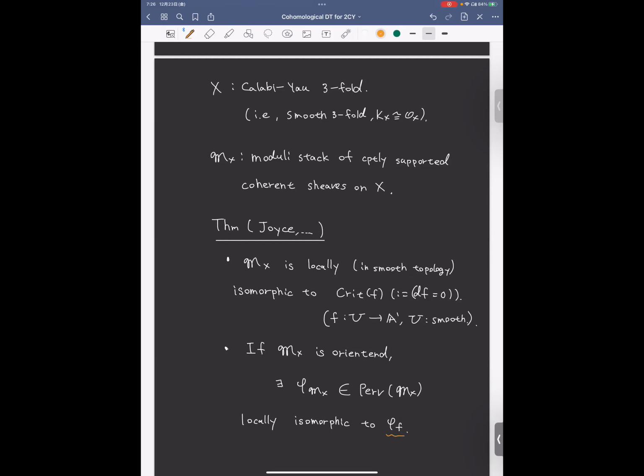Here phi f is the vanishing cycle complex. Okay.